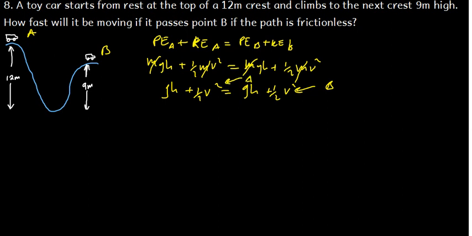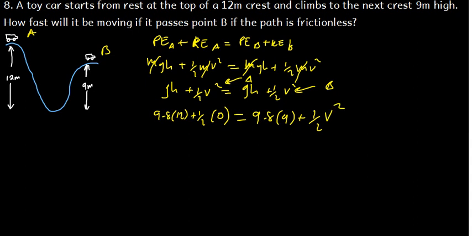So we go on, our g is 9.8, our height at A is 12, plus half the velocity at A. It says it starts from rest, so there's no velocity, it's 0, and that should be equal to g at B, which is 9.8, and the height at B is 9, plus half the velocity squared, which we don't know.